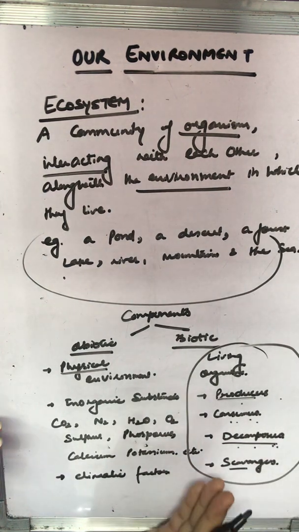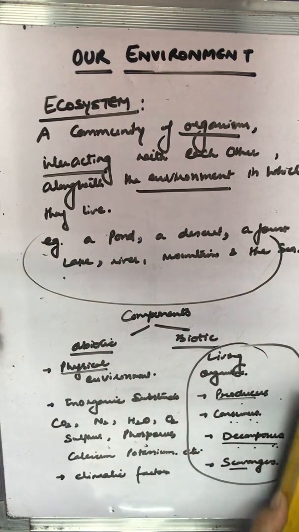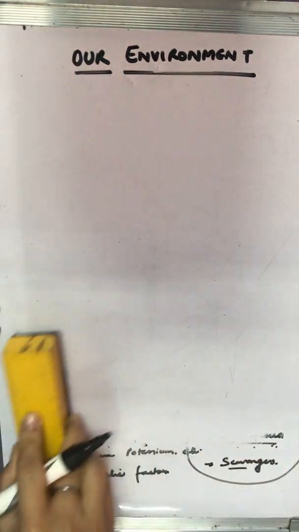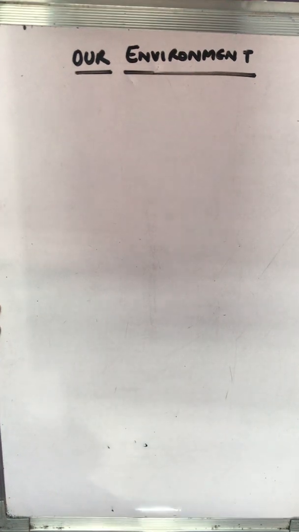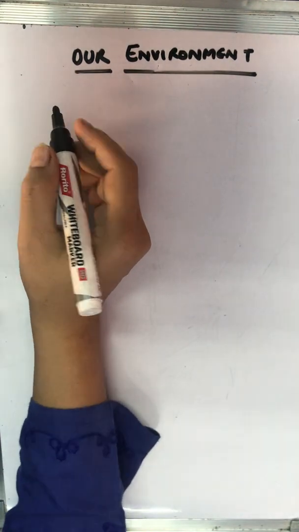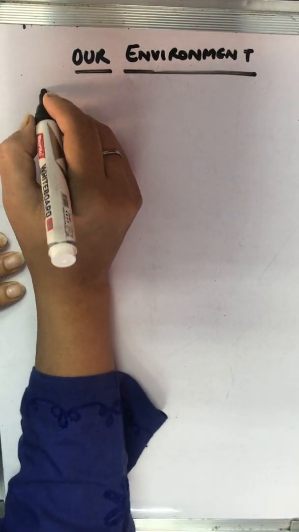Now, coming to the food chain. What is a food chain and how do all these species, all these organisms, all these components interact in a food chain?